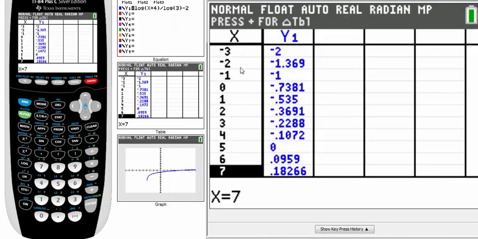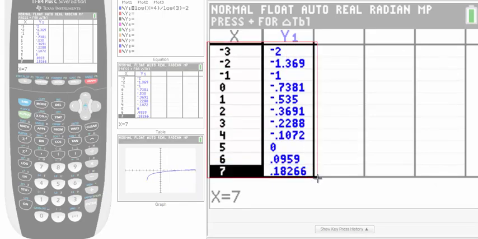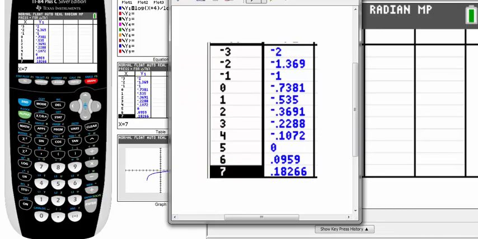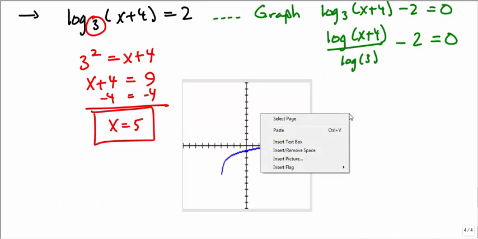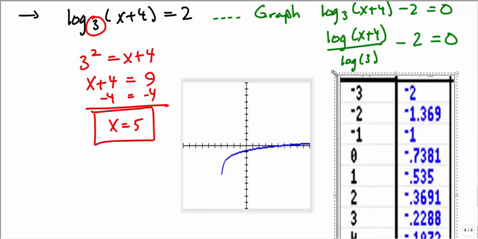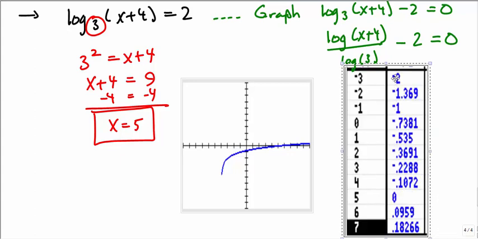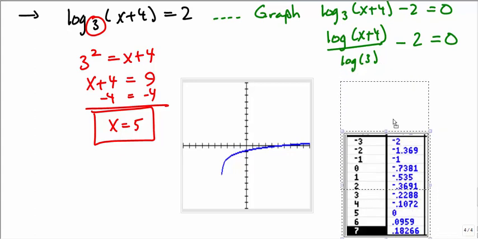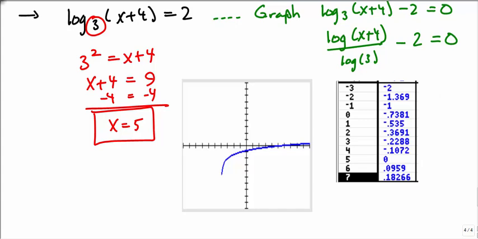So we found our solution here is 5, which is what we thought it was from our work that we did by hand. So it's nice to be able to double check these. Now the table is giving this as an answer because it's a nice integer value. But the question is, what if it doesn't give integer values? What would we do? Well, if you look right here, this is where our solution is.